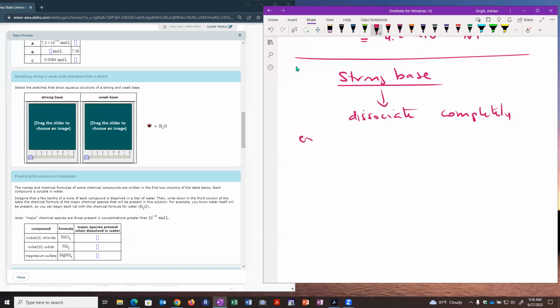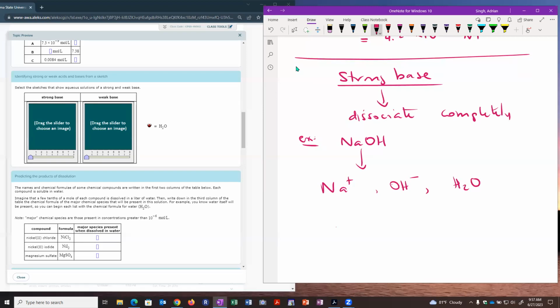So for example, if I have something like sodium hydroxide, this will break apart. I'm going to get lots of Na plus, and I'm going to get lots of the hydroxide. And then being in aqueous solution, I'm always going to have some water as well, right? And that's all that I'm going to see.